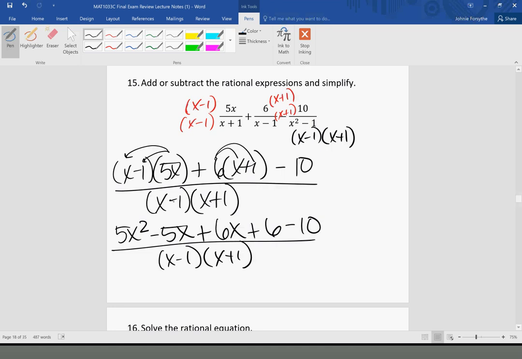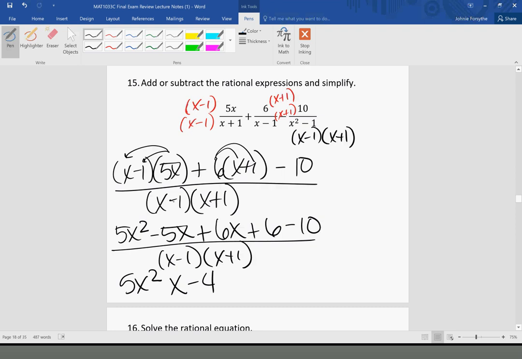And then I've got 5x squared. Negative 5x plus 6x is 1x. And then 6 minus 10 is negative 4.